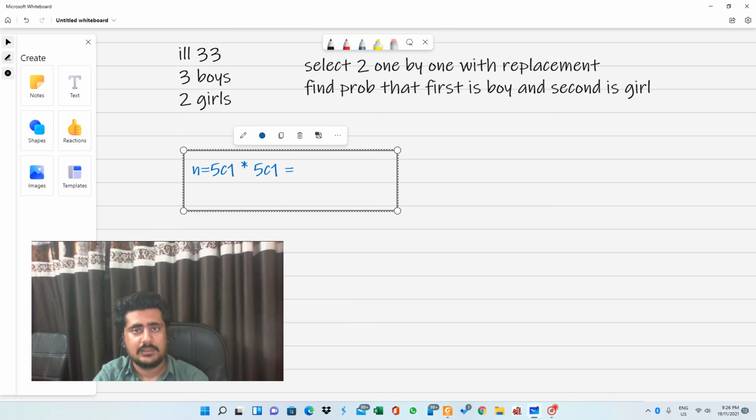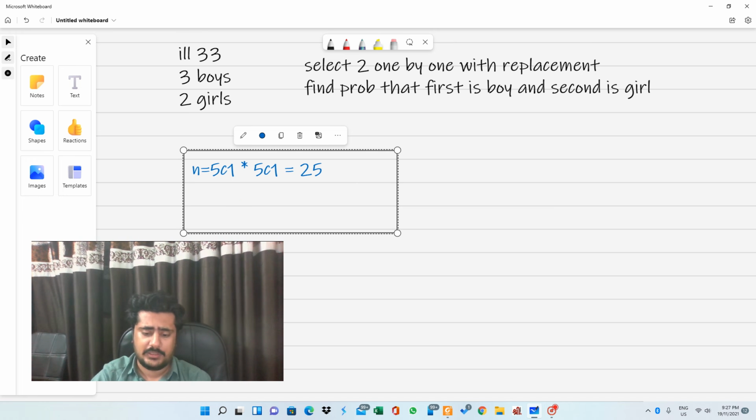With replacement, the selected one can be selected again also. You have to remember the coin example here: when you select head first, head can come again. So this is my total possibility.